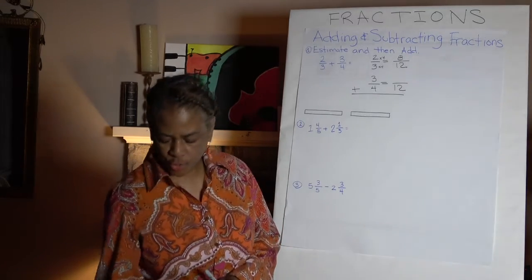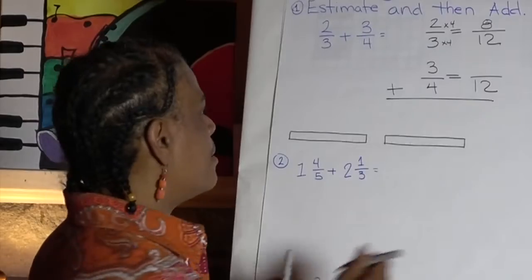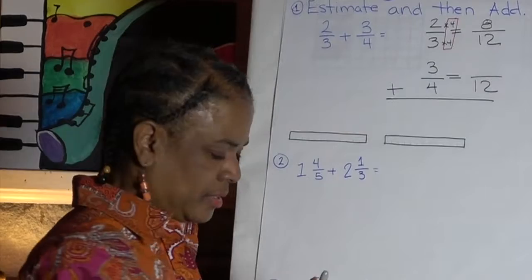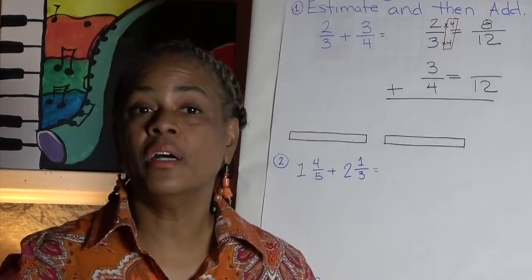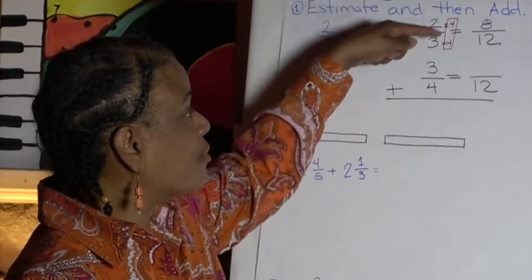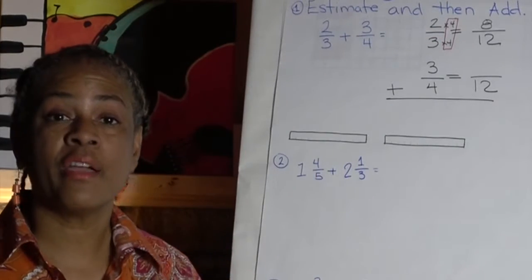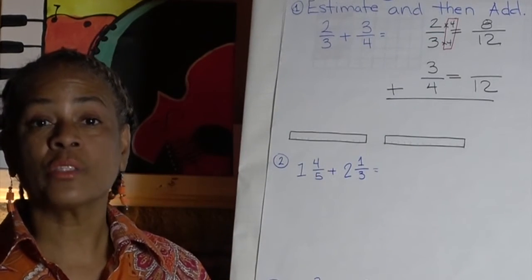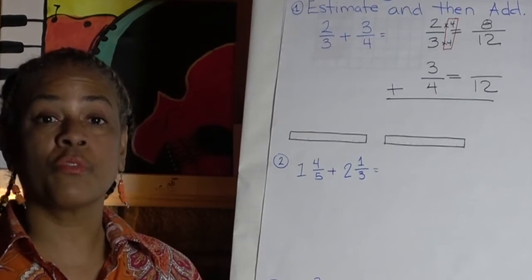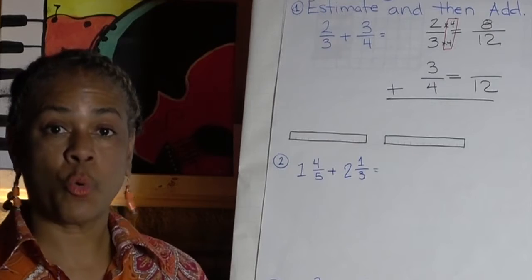But let me show you this as well. Remember that when I multiply anything by 1, I keep the same value. And so 4 over 4 is like multiplying that fraction by 1. So that's why I get an equivalent fraction. So 2/3 times 4 over 4 gives me 8 over 12.